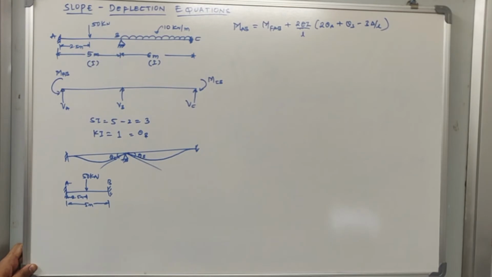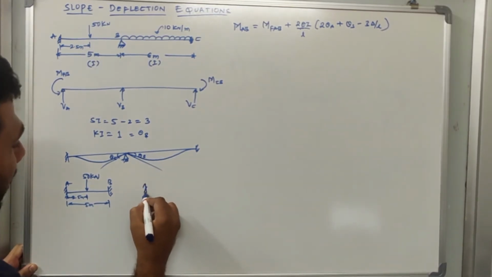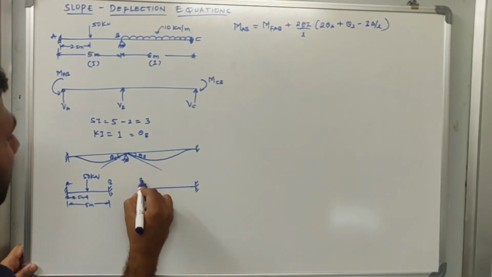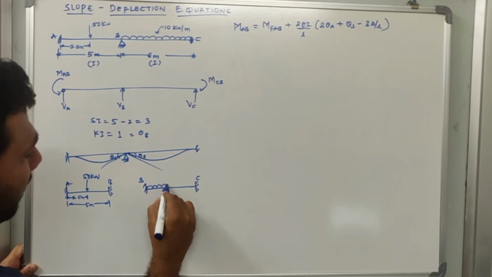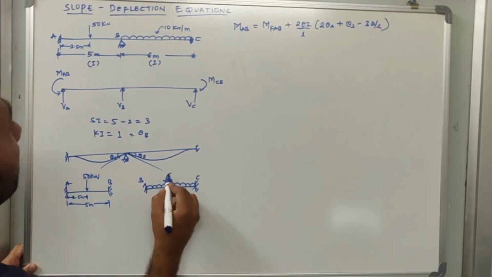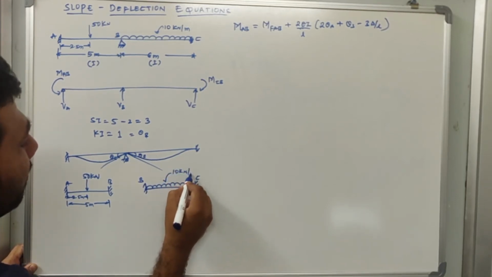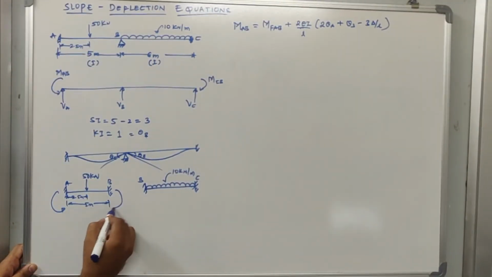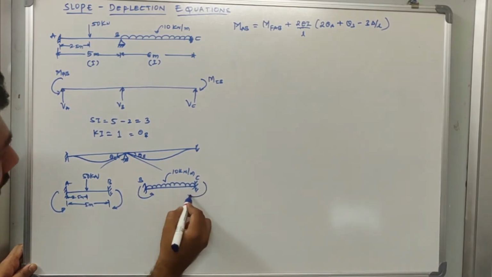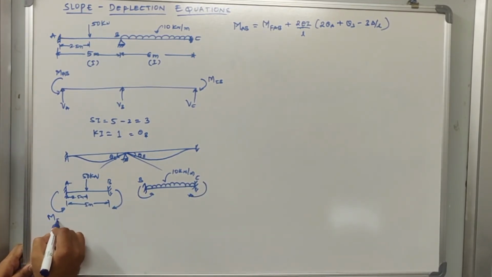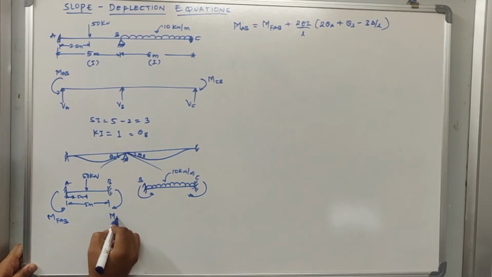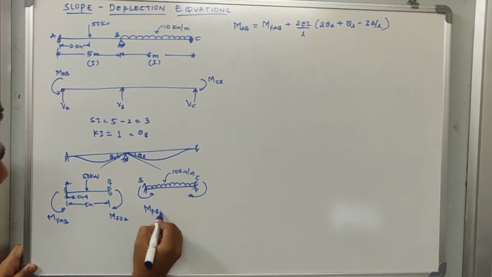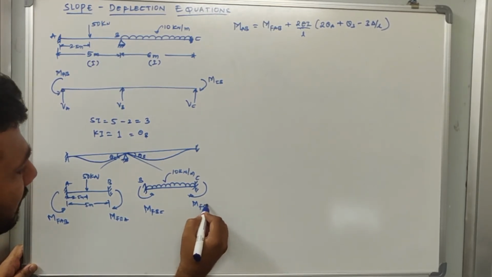Similarly, we'll also write for the next member. This is our AB and this is our BC. This BC is loaded by a UDL, and what is the magnitude here? 10 kilonewton per meter. Now try to solve how much is MFAB, MFBA, MFBC and MFCB.